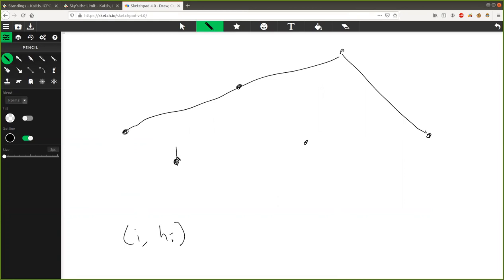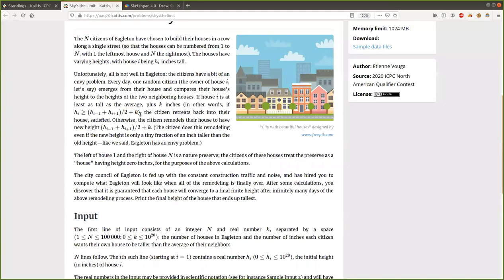And then every house will end up at the line segment above it. So that would be the solution if k was equal to 0. But the problem is it's not 0, it's plus k. And how do we handle that?